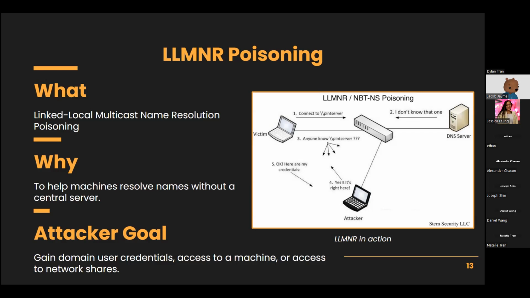These credentials can lead us access to a machine, or we can access file shares through that compromised user to then just find more sensitive information and continue our test from there. And by getting those domain user credentials, that's essentially our foothold in the test. That's our foothold into Active Directory, because now we can access it and we can access the entirety of LDAP and all the fun stuff that has to offer.